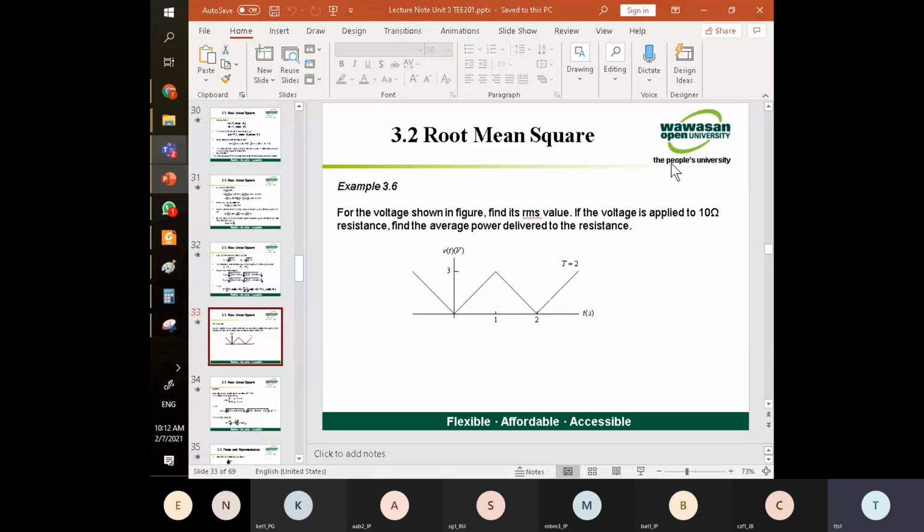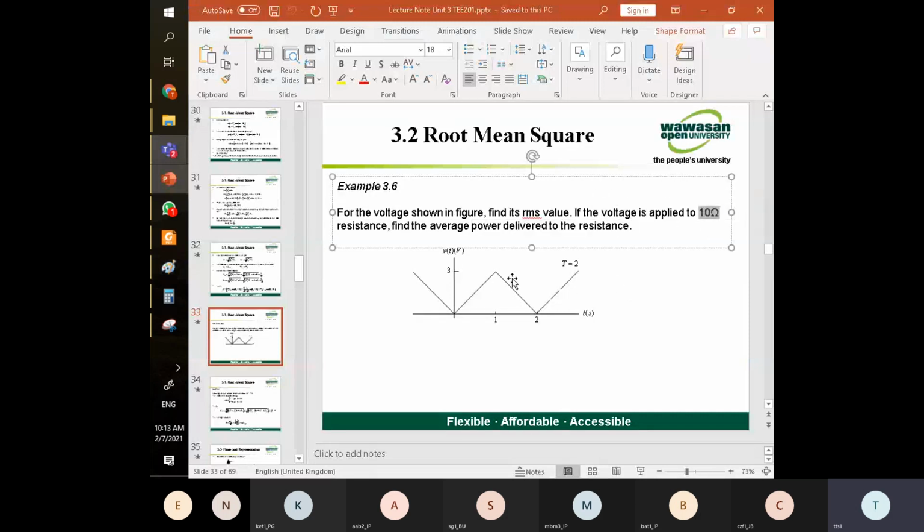Okay, here's another example based on the waveform. We need to calculate the root mean square for this value, and then calculate the power. If the voltage is applied to a 10 ohm load, then calculate the power for this 10 ohm.